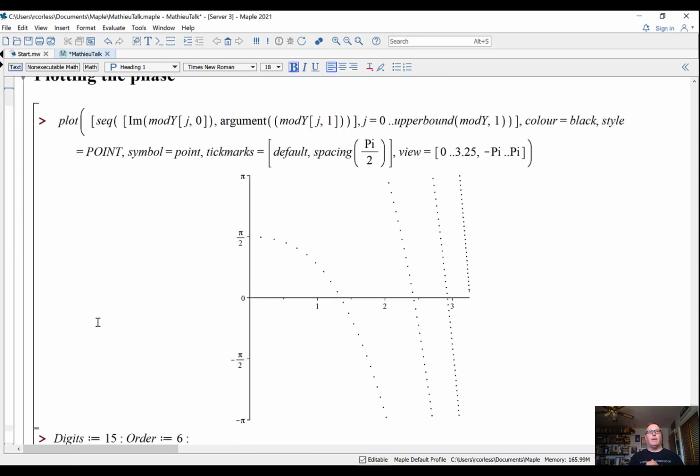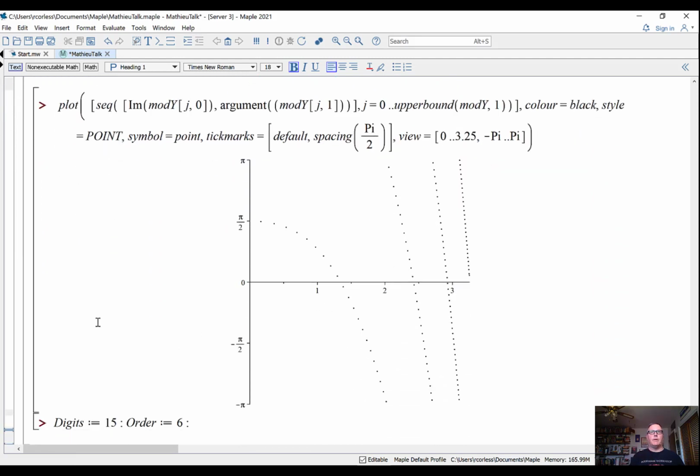If we plot the phase, we see the thing is winding around more and more sharply. And it turns out that Mathieu equations oscillate a lot going up the imaginary axis.